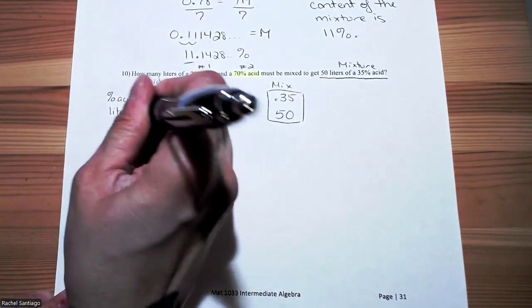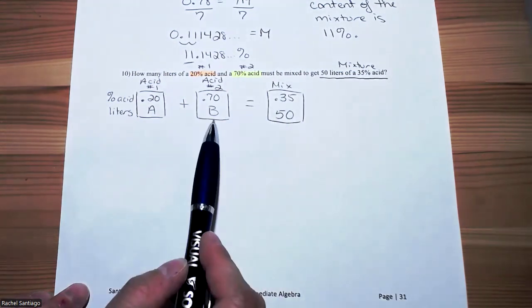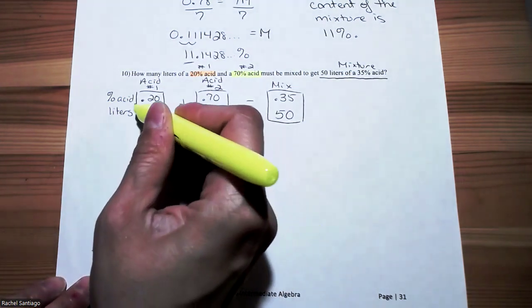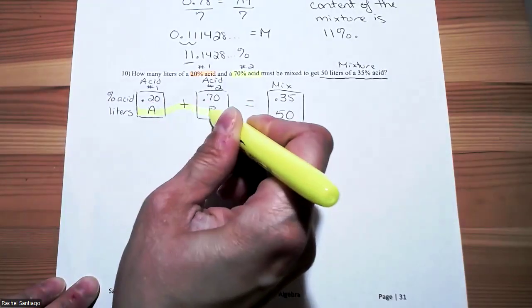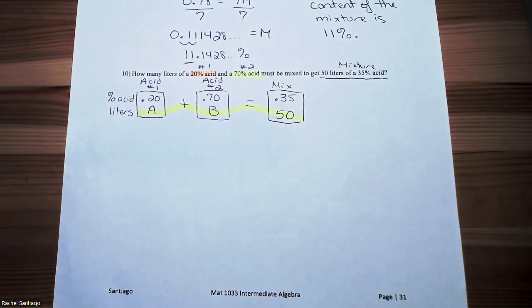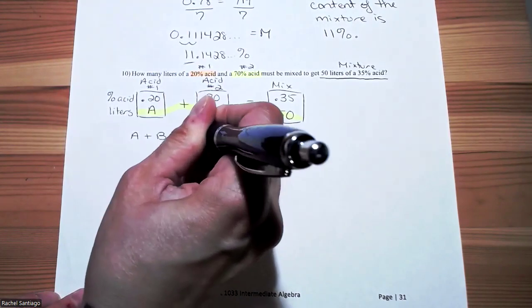Perfect. Now we get an opportunity to write two equations. We know that because we have two unknowns. Just like our previous problem, we're going to make note of our weight equation, and that is A liters plus B liters equals 50 liters. So that's our first equation: A plus B is equal to 50.